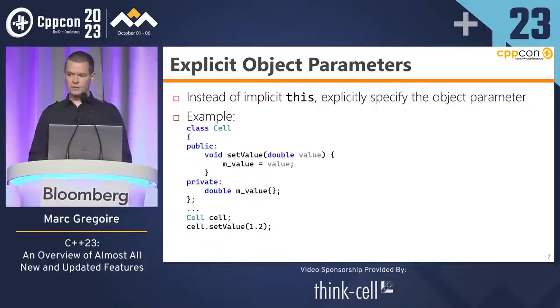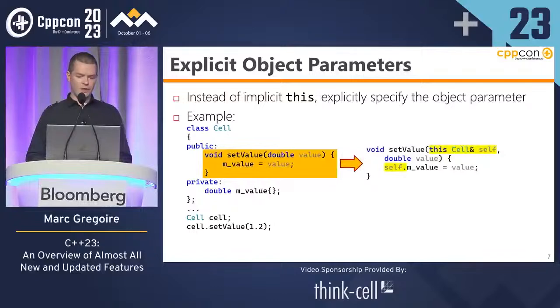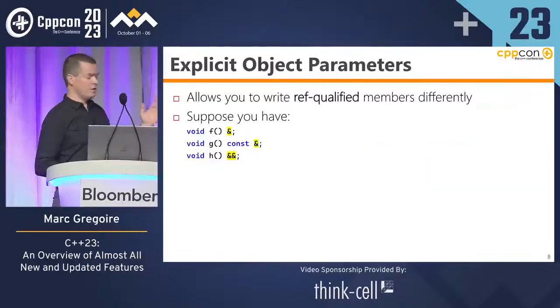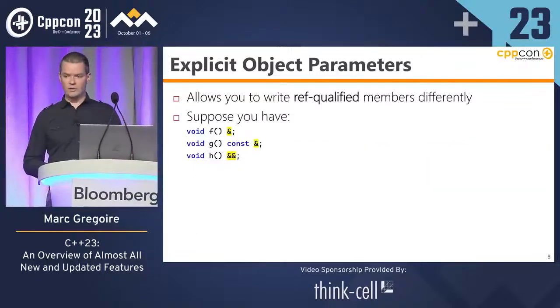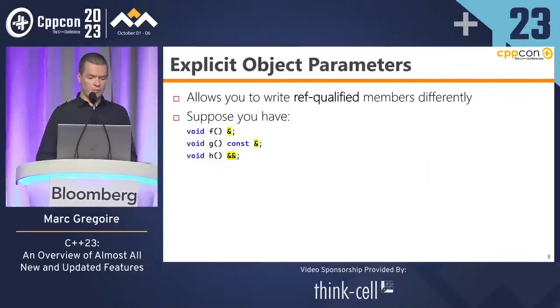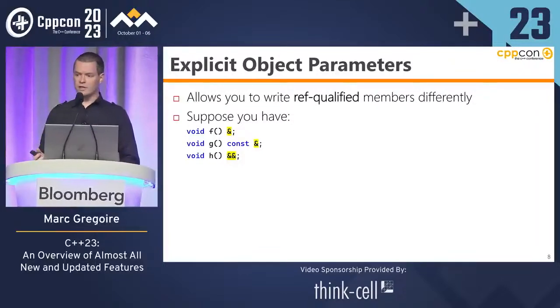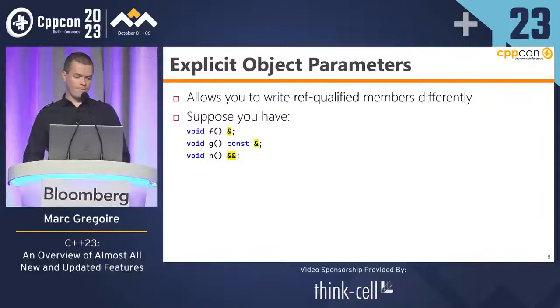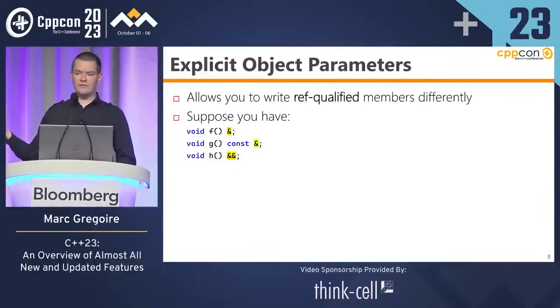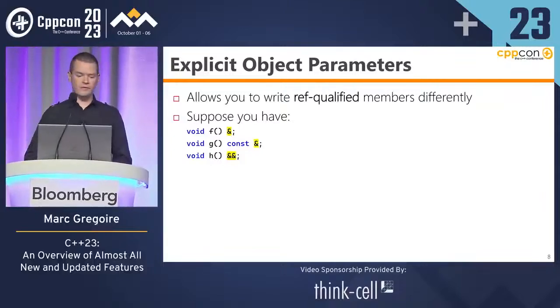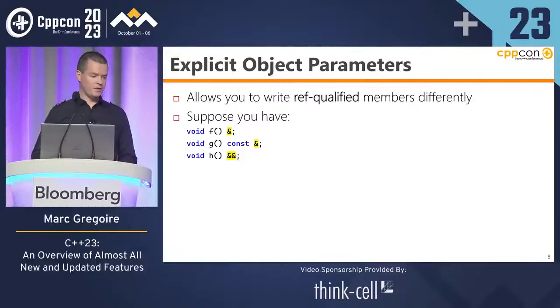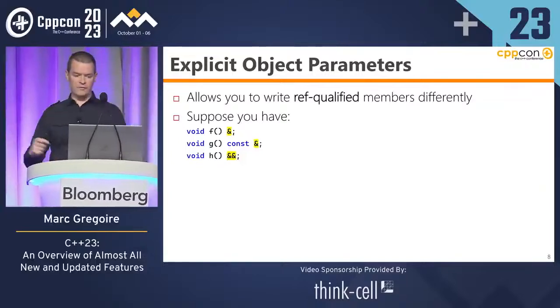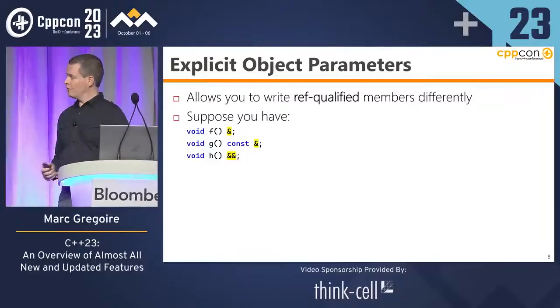So how would you write this with an explicit object parameter? The only thing you have is that the member function f can only be called on lvalues. The member function g can only be called on const lvalues, and h can only be called on rvalues. In this simple contrived example, it's clear that I have these ref qualifiers. Of course, in real life, you will have some parameters and longer function names.